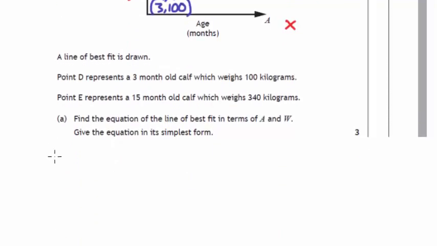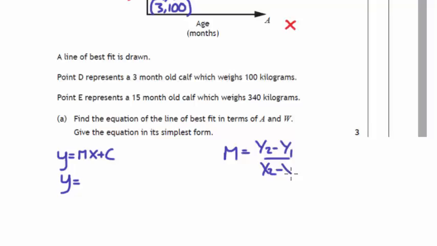So we're going to say y equals mx plus c, and we can work out what m is. We've said that m is y2 minus y1 over x2 minus x1. We've labelled it up there, so it's just a matter of slotting these in.